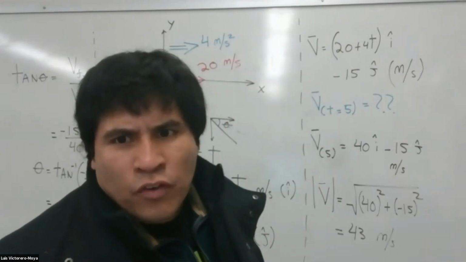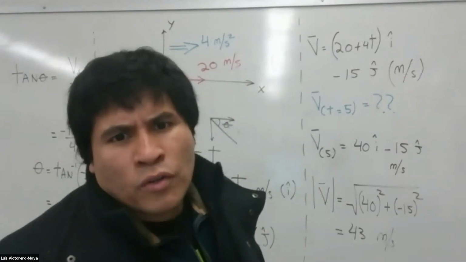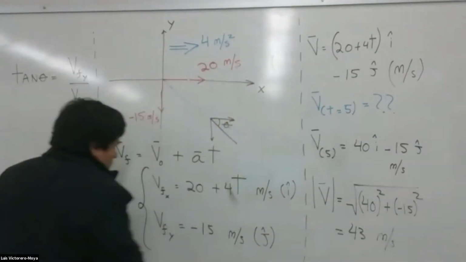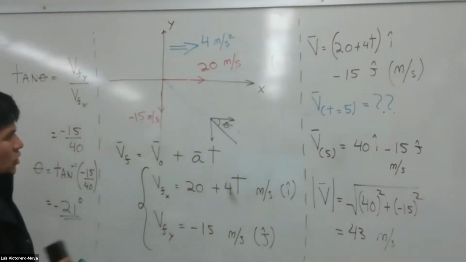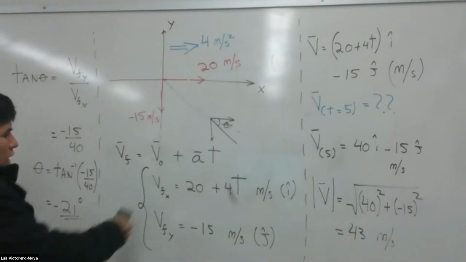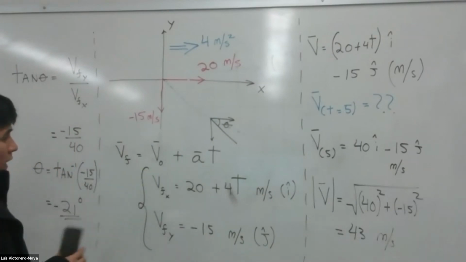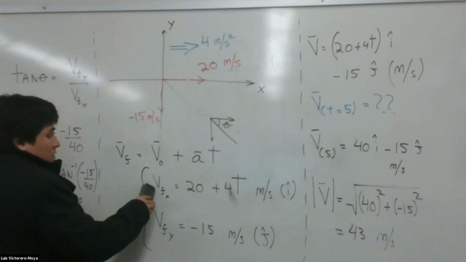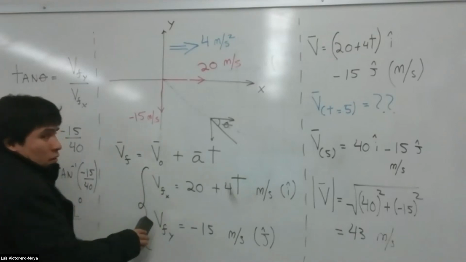Then later they ask you to find the x and y coordinates as a function of time. Because the acceleration is constant, I don't have to use the integral, right? Technically, if the acceleration was not constant, guys, you would have to integrate, because this will be dx dt, dy dt, right?